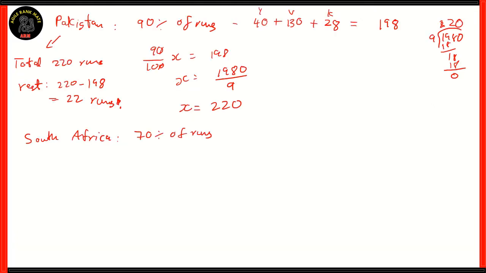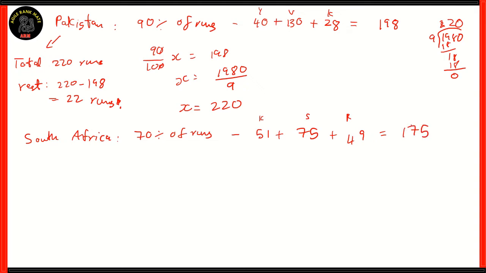So Kaif scored 51 runs, Saurav scored 75 runs and Rahul scored 49 runs. So that gives us a total score of 51 plus 49 is 100, plus 75 is 175.